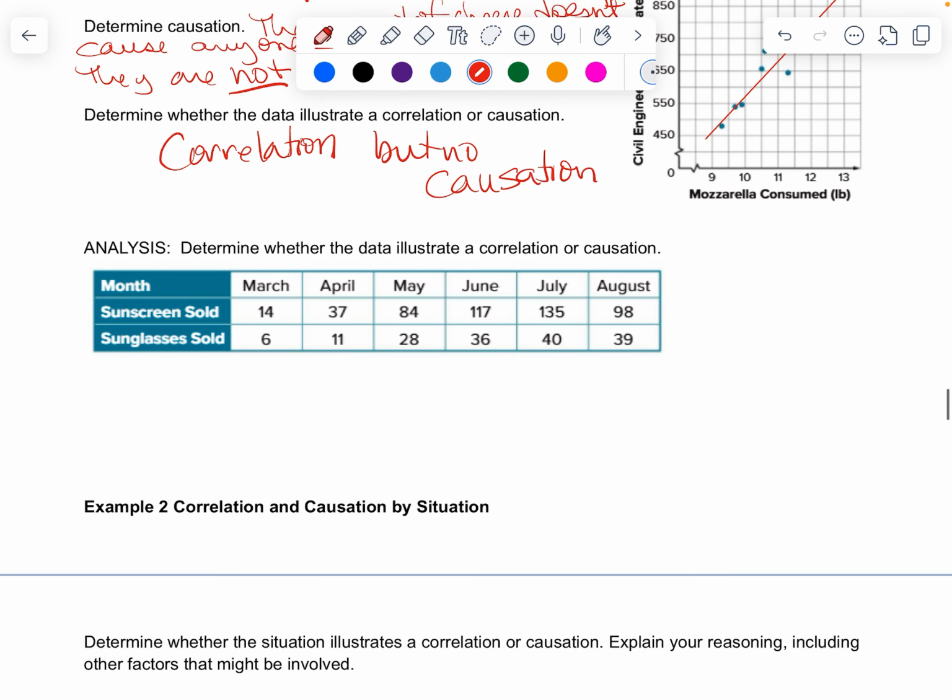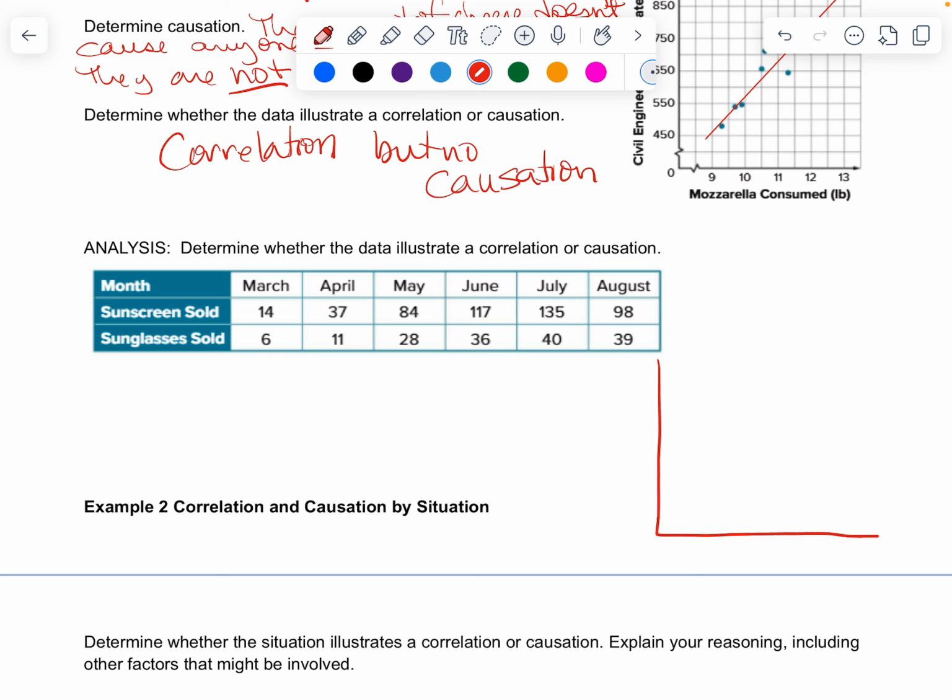Okay, so let's look at this. It says, determine whether the data illustrates the correlation or causation. Actually, we don't really need a graph.